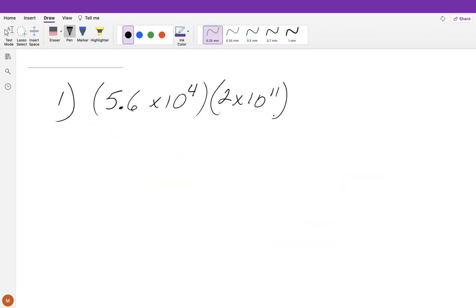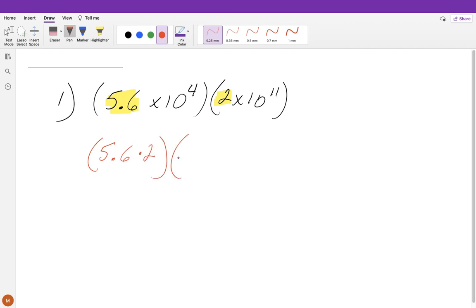All right, so now we're multiplying two scientific notations together. When we do this, we can rearrange this a little bit. Just like we can multiply our coefficients, we can treat these as if they're coefficients, even though they're not. So I'm going to multiply 5.6 times 2, and then multiply 10 to the fourth power times 10 to the 11th power.